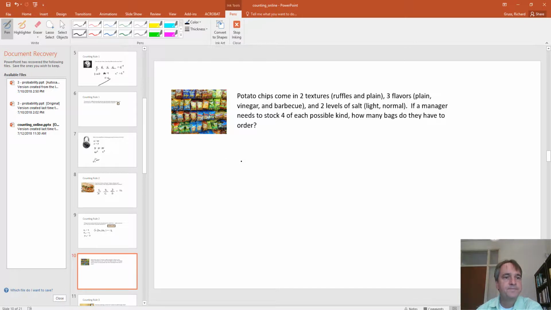Okay, so once again, we've got 3 different slots to fill. We've got 2 different textures, so this could be our texture slot. 3 different flavors, so this could be our flavors slot. And 2 different levels of salt, so this will be our salt.